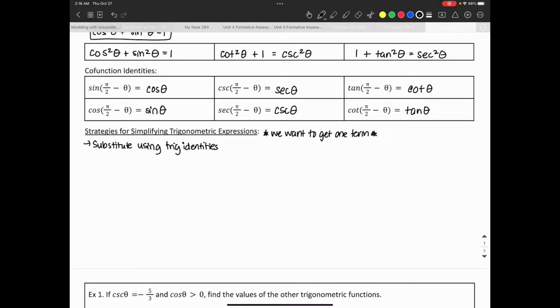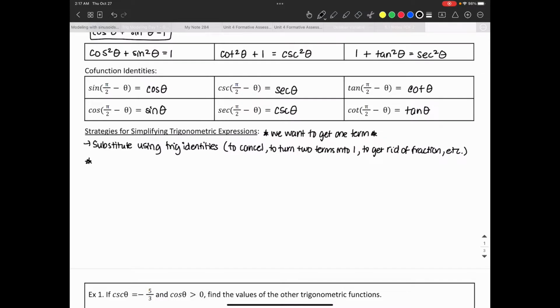We'll do that to try to cancel things out, to turn two terms into one, to get rid of a fraction, because that's not simplified. We want to get it to not be a fraction if possible, etc. There are other things we will talk about.